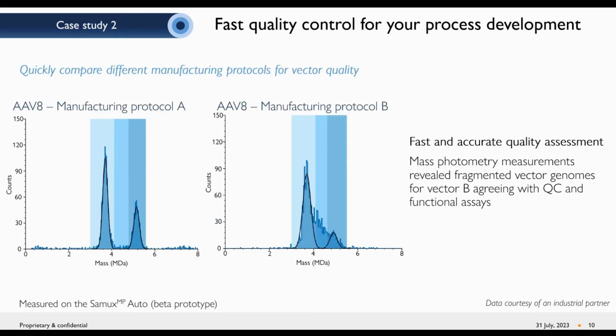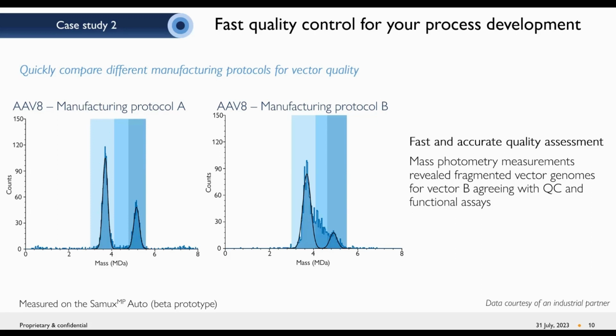Besides protocol optimization, the SamuxMP can also be used for quality control of samples. In this particular case, our collaborator looked at samples from the same vector produced with different manufacturing protocols. What they observed is that vector B showed lower transgene activity after transduction compared to vector A. When they put them in the mass photometer, they could actually see the reason for that.